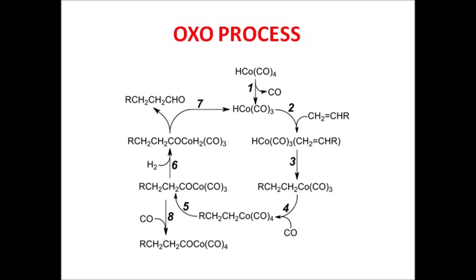Tributyl phosphine and triphenyl phosphine substituted cobalt carbonyls and rhodium complexes have been tried. Of these modified catalysts, the most important is the rhodium catalyst. This hydridocarbonyl tris type of rhodium complex was also discovered in Wilkinson's laboratory. Thank you. Let's meet in the next video.